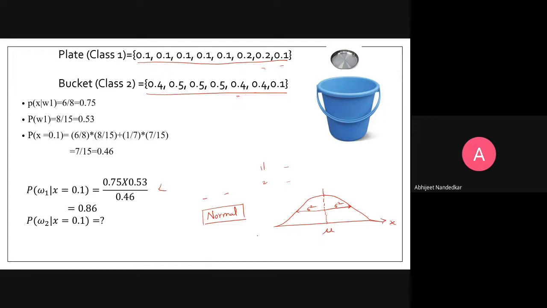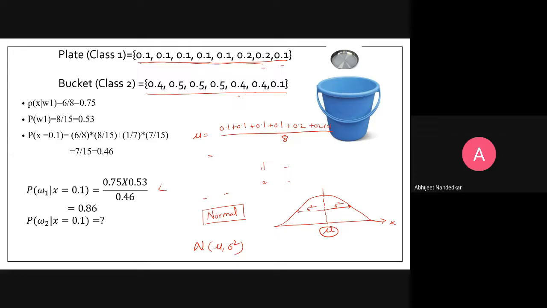So based on the samples, say 1.1, 0.1 and so on, I just find mu by adding all these numbers and dividing by 8. So I just compute the mean of this data. Then I take the difference from the mean, square it, and add it, so I get the variance. So a normal distribution you can define with the help of mean and variance.